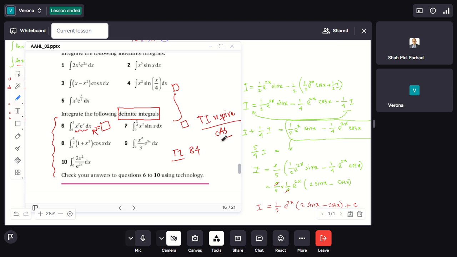I think this one is easier, the CE. Okay, this one is easier to operate, I think.